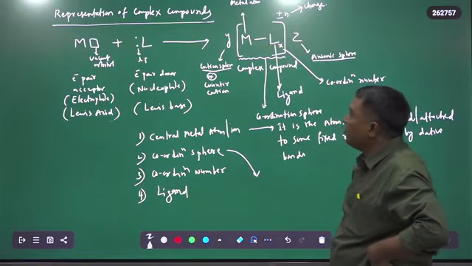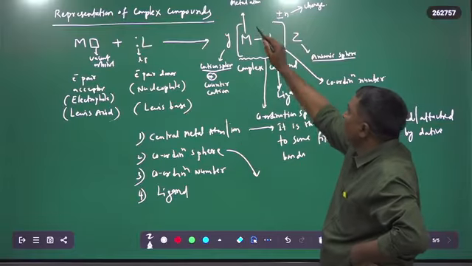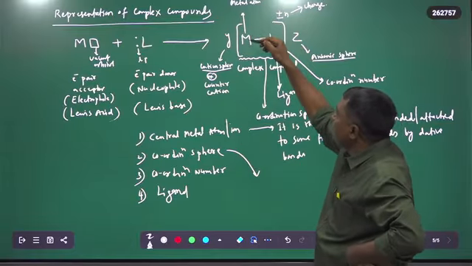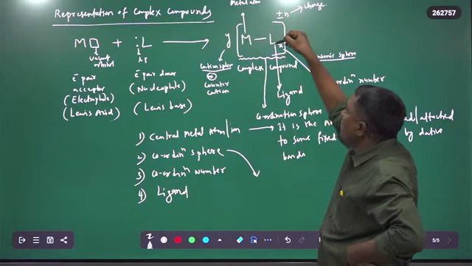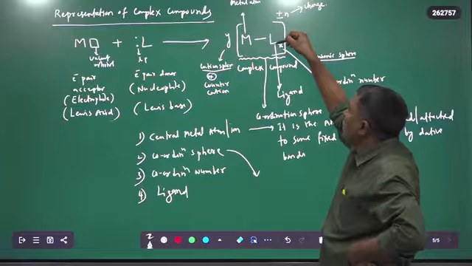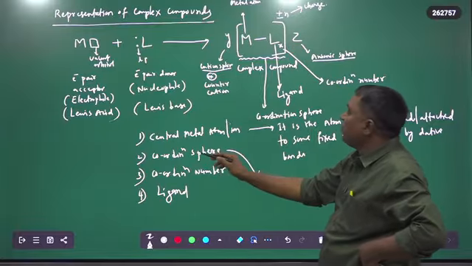A coordination sphere. So again, in this sphere, the atom is bonded to some fixed number of ligands through dative bonds. Such a sphere is nothing but a coordination sphere.